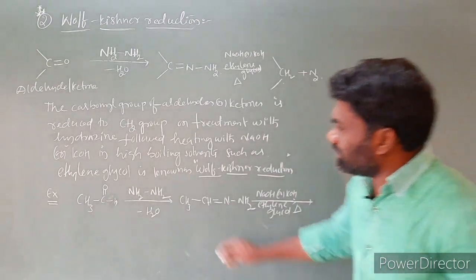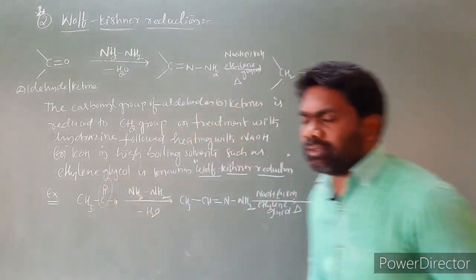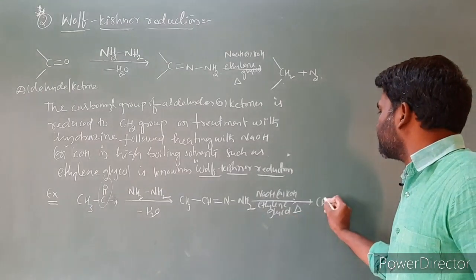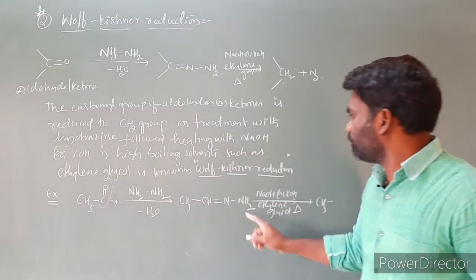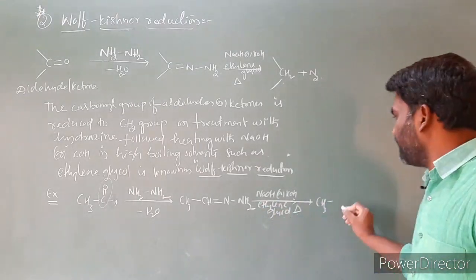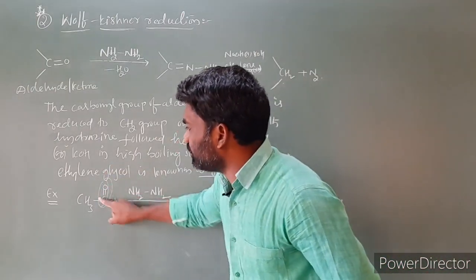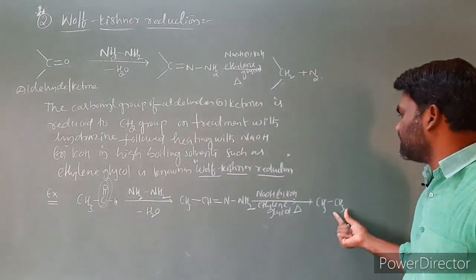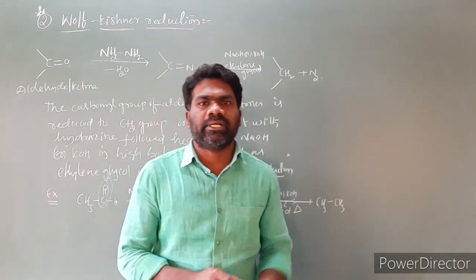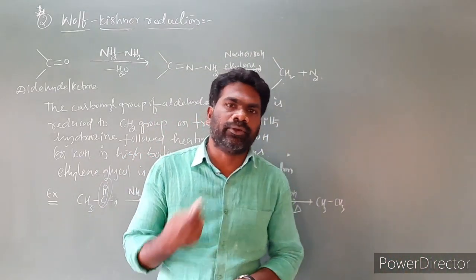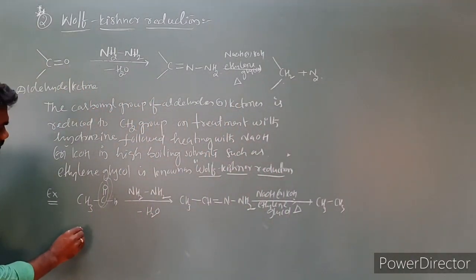Then this C=N group is converted into the final product CH2 group, and with the one hydrogen it has, the final product is CH3CH3. The product we are getting is a hydrocarbon. Even in the Clemmensen reduction, the final product is a hydrocarbon.